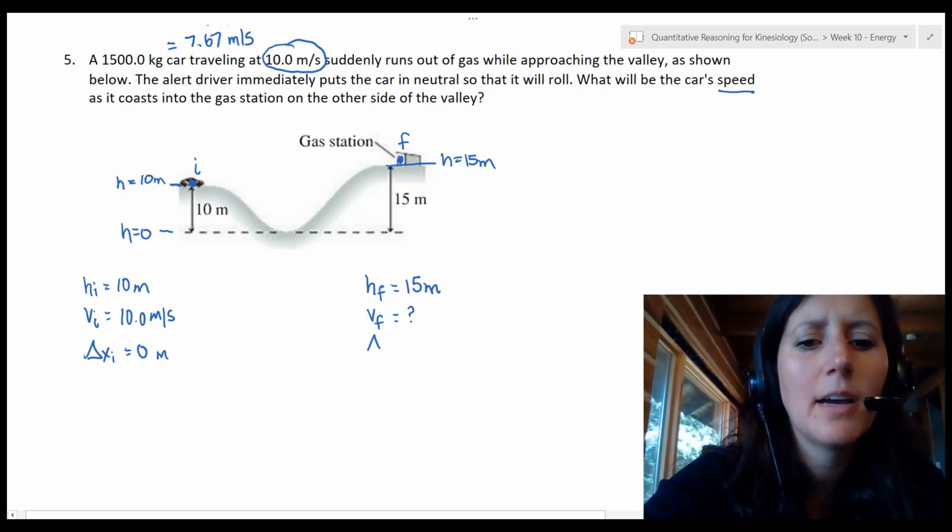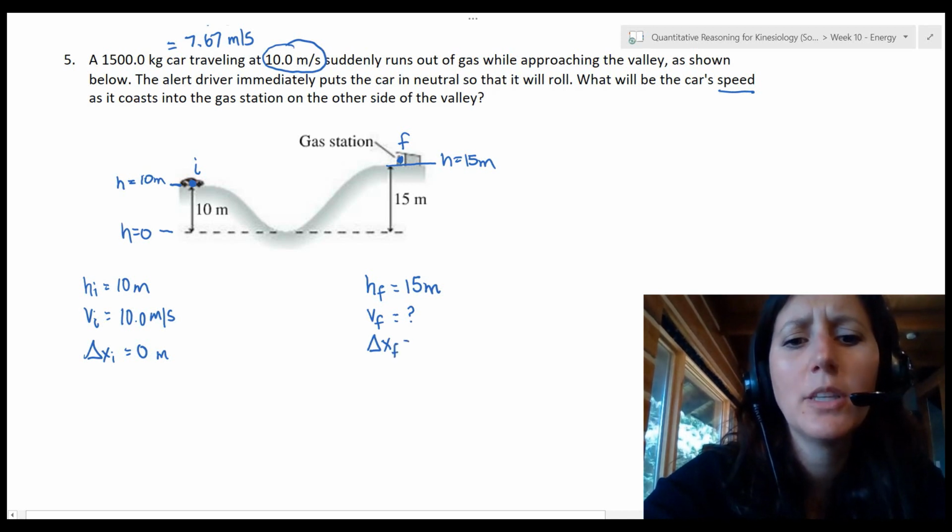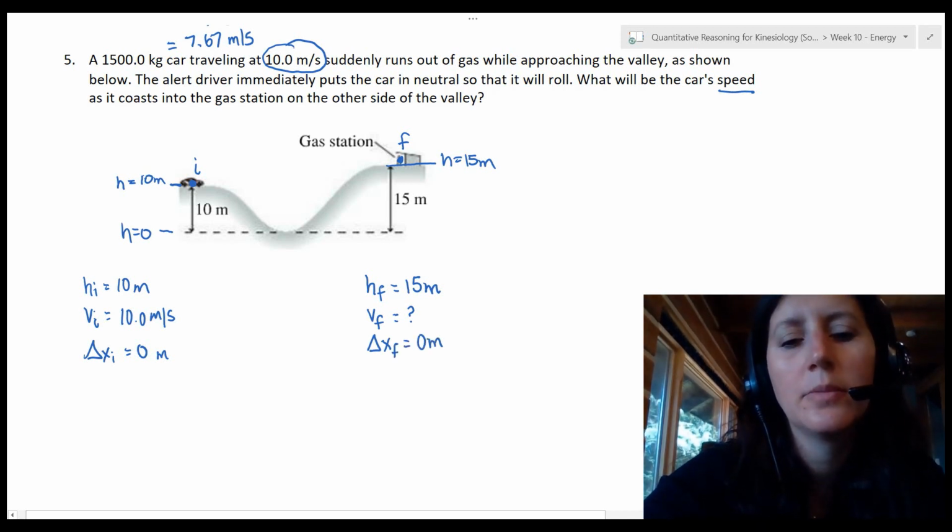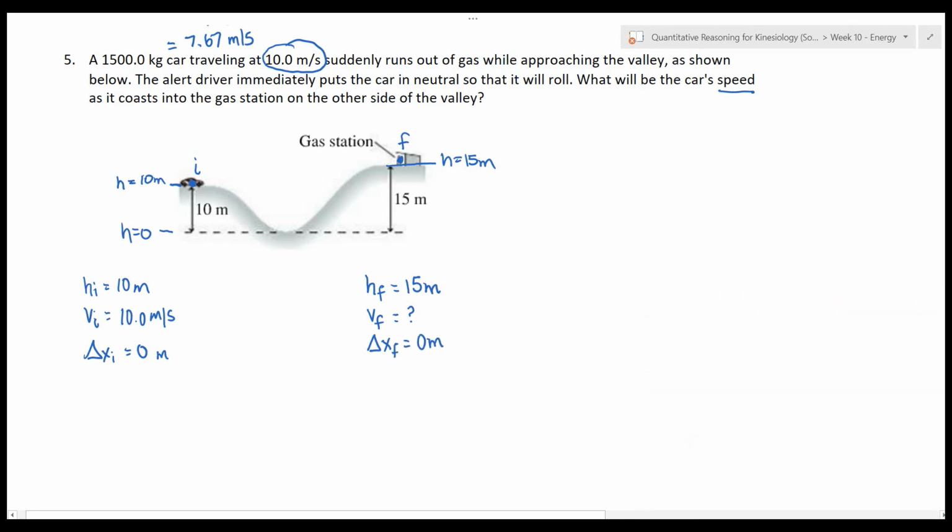And the delta x final, again, there's no spring in the question, so it's still 0. Okay? So when we do E total initial equals E total final, we can enter all the different types of energy that we've discussed in this course. I'll put them in the correct order, though it doesn't matter.